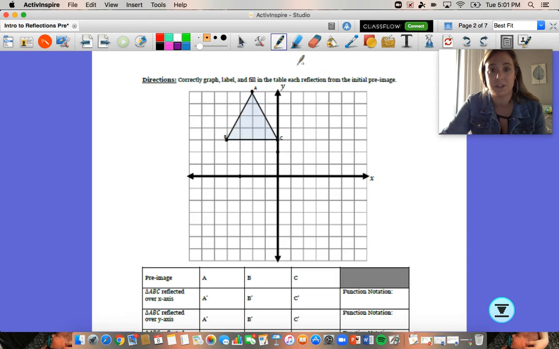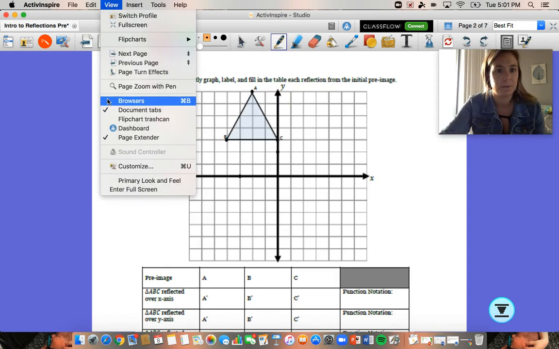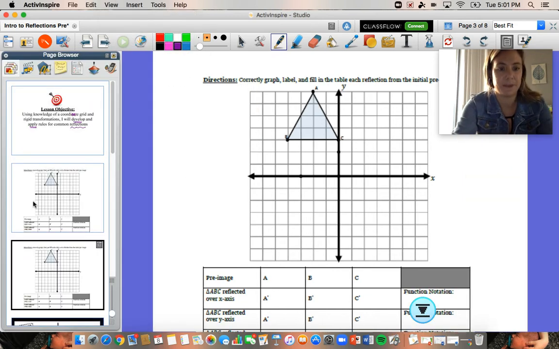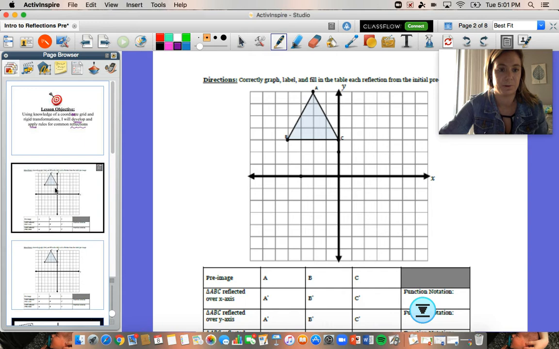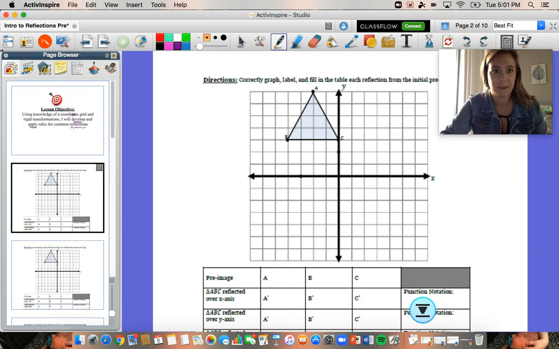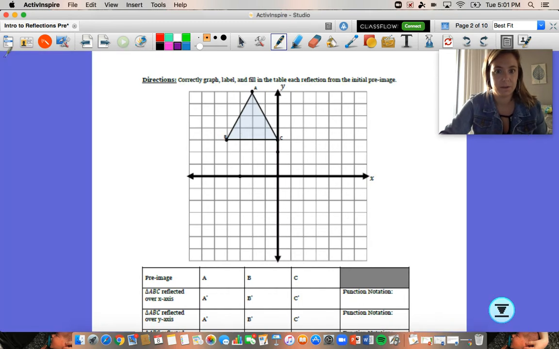So first, I'm going to start right here. Before I go too far, I'm going to make a few copies of this page so that if I'm taking up too much room, I'll be good to go. Okay, so I've got this triangle ABC.